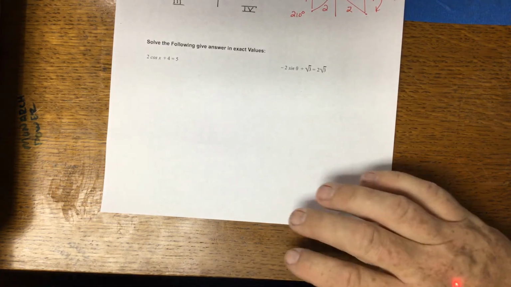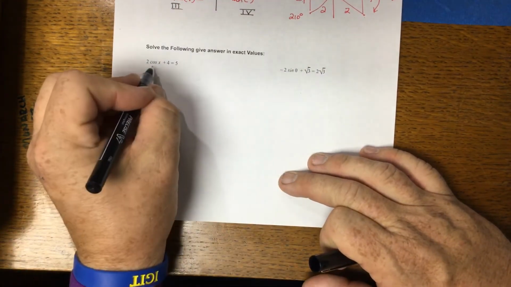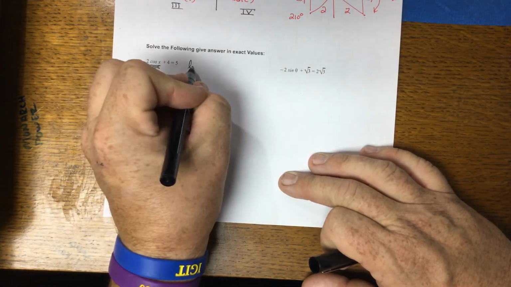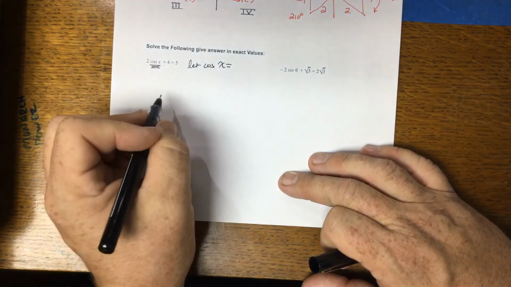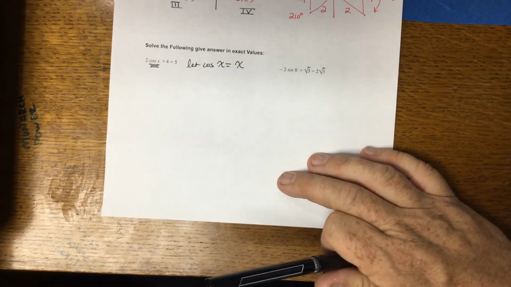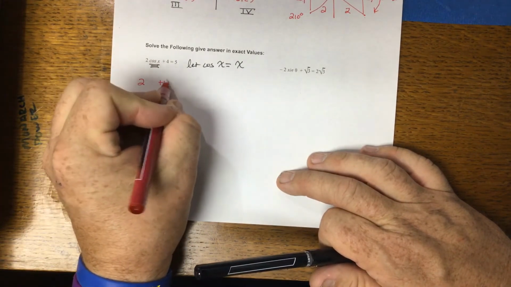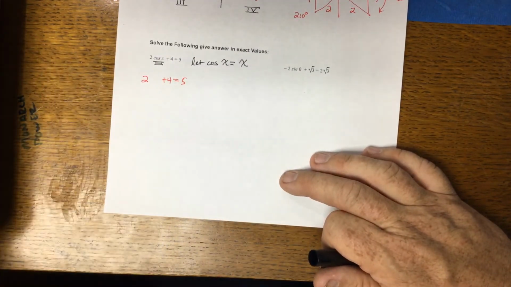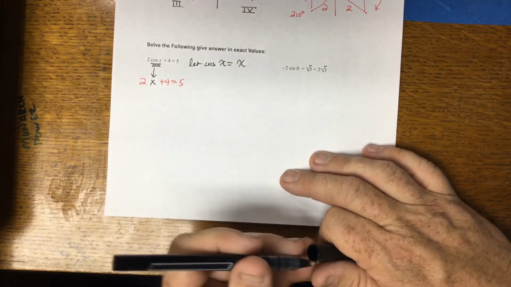And we have to solve for these. So remember, I showed you guys that this messes people up sometimes. So I'm going to let cosine of x equal x. So I'm going to rewrite this as 2x plus 4 equals 5, and I'm telling myself that in my mind this is an x.